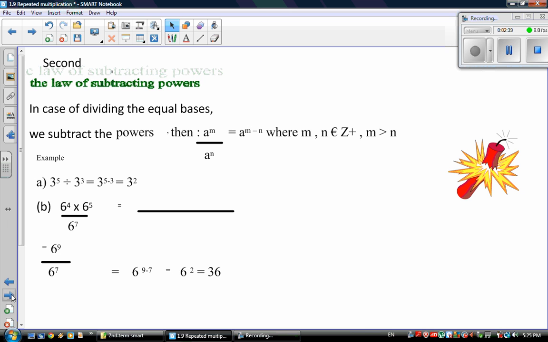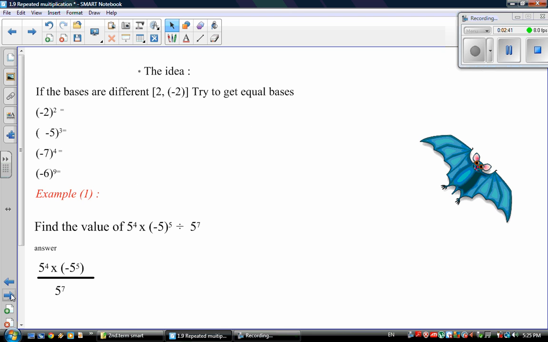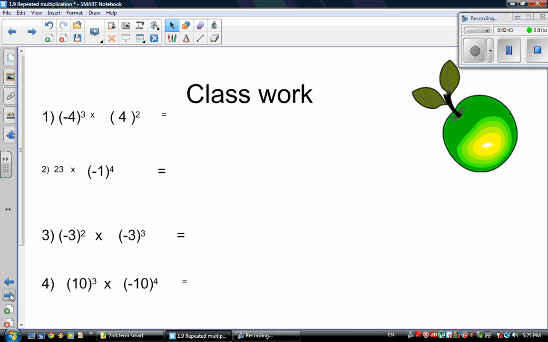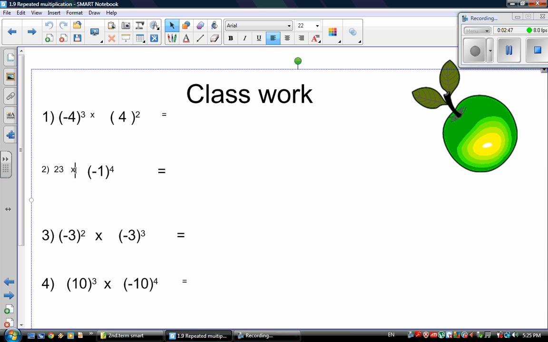Okay, the second, let's do this exercise. Here we have negative 4 to the power 3 multiplied by negative 4 to the power 2. Look at the bases.